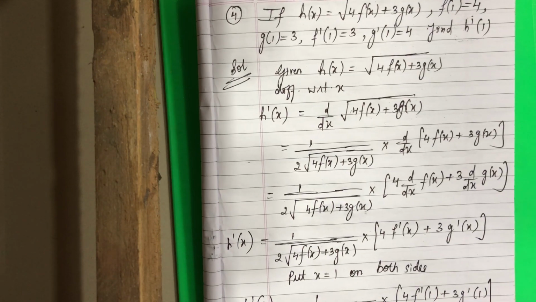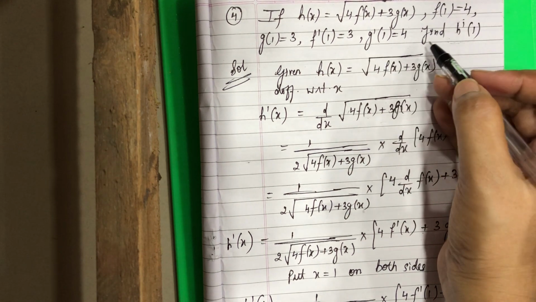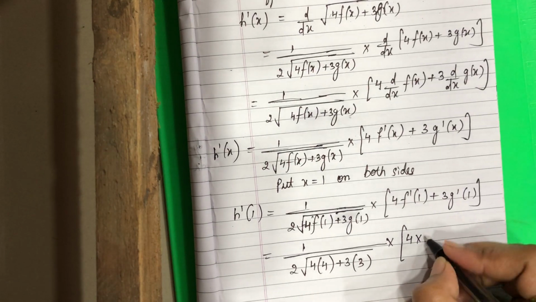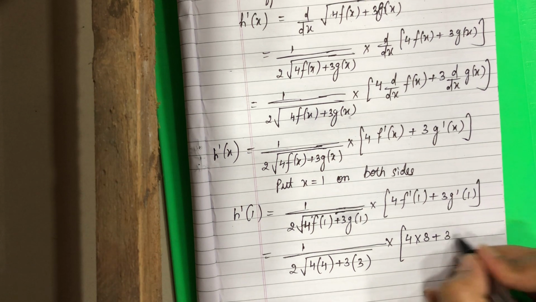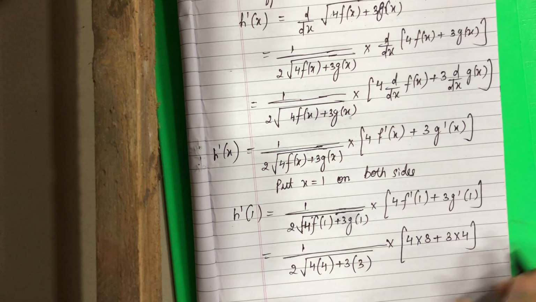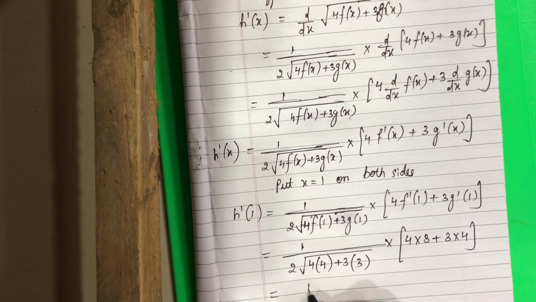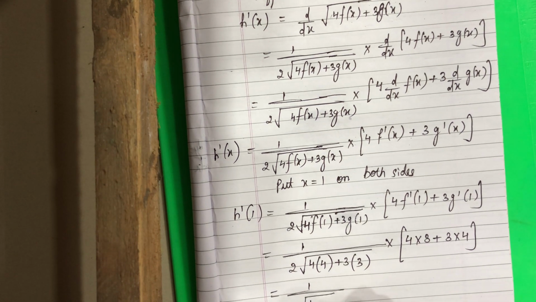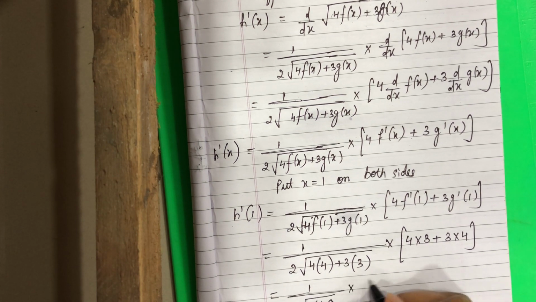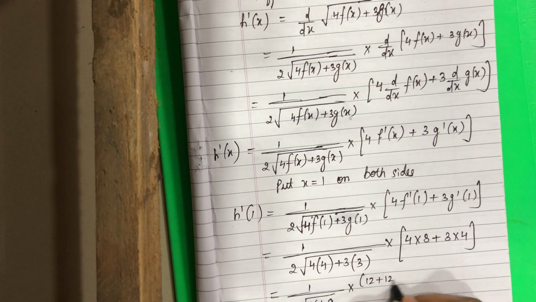The value of f dash 1 is 3 and g dash 1 is 4, bracket close. So this is 1 upon 2 root 16 plus 9 into 12 plus 12.